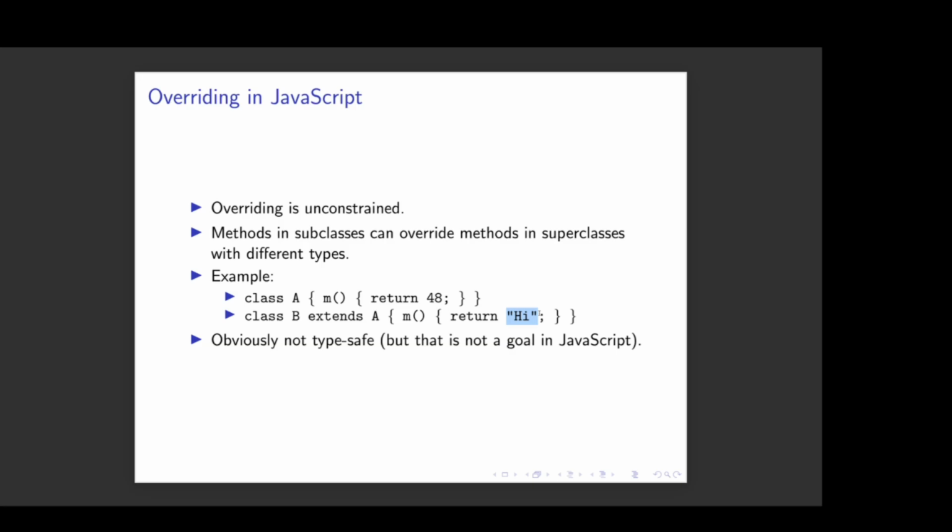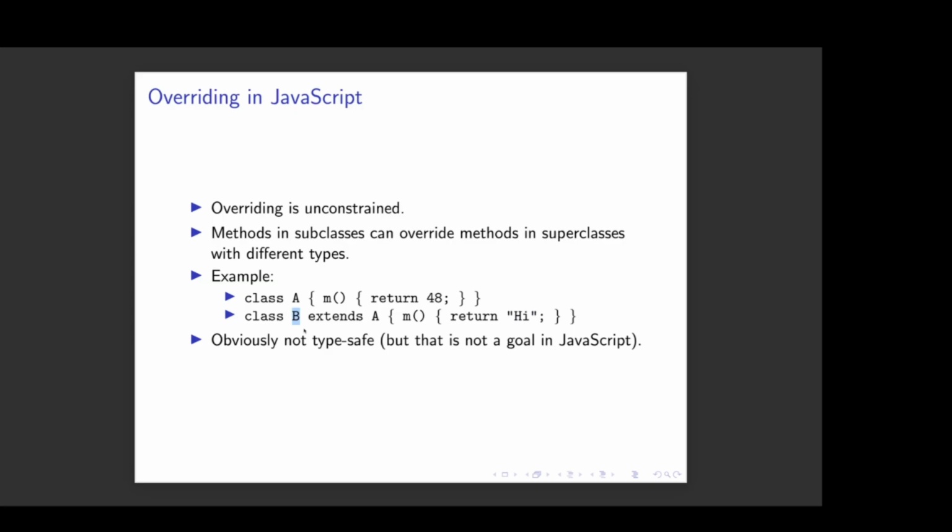So this is fine. So it's allowed. And now you would have a class B where the M returns a string. So this is clearly not type safe, right? Because you're actually changing the interface, at least if you have some expectations. But anyway, that's not a goal of JavaScript. So nothing to worry about at this point.